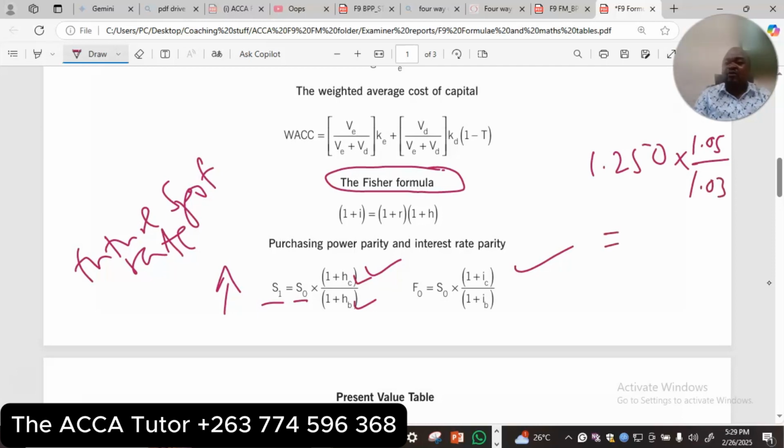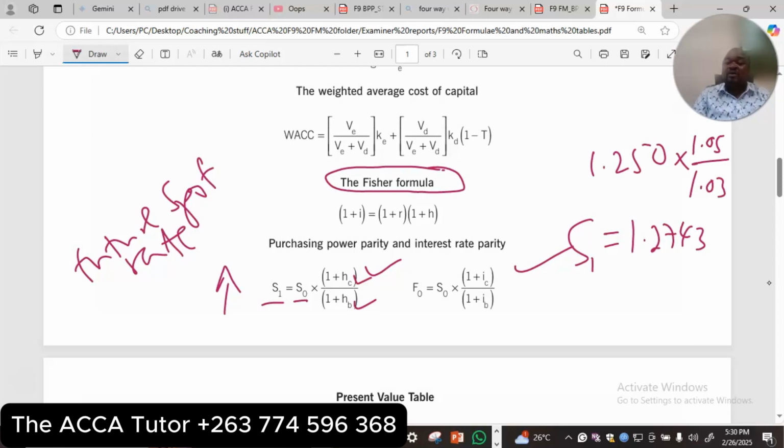If we solve this, you will discover that our S1 is going to be 1.25 multiplied by 1.05 over 1.03. So the rate, you can see that it has increased to 1.2743.